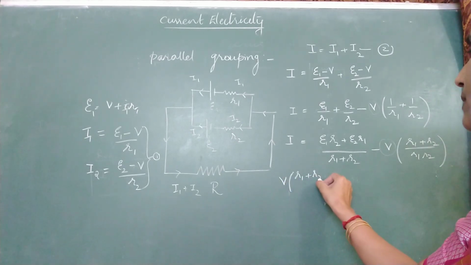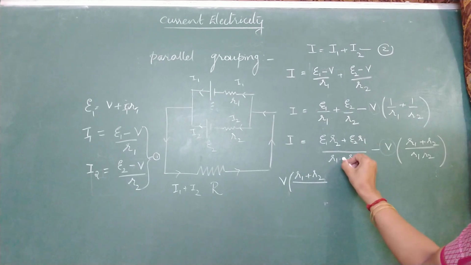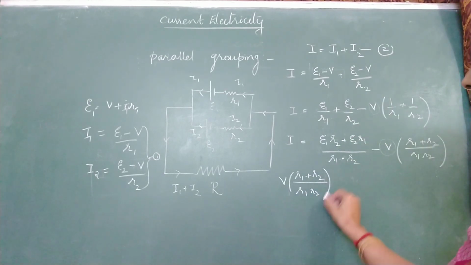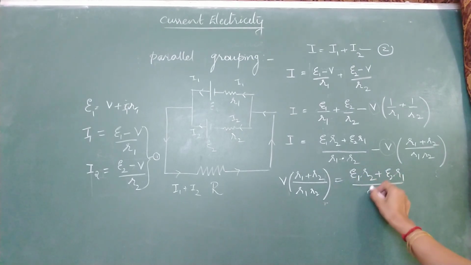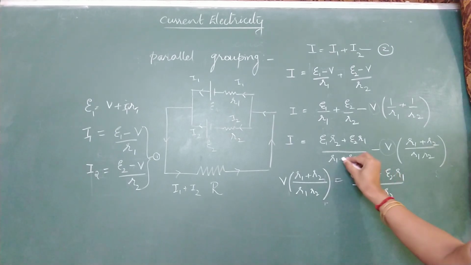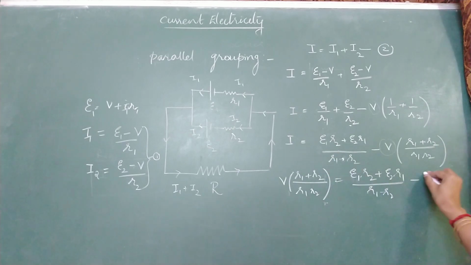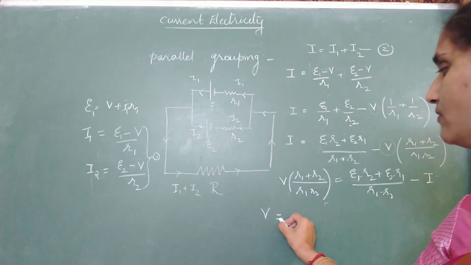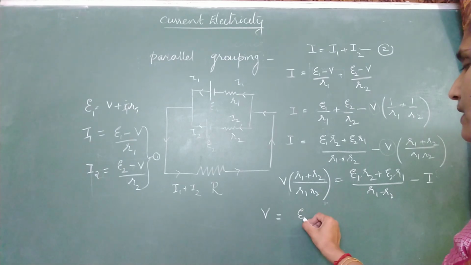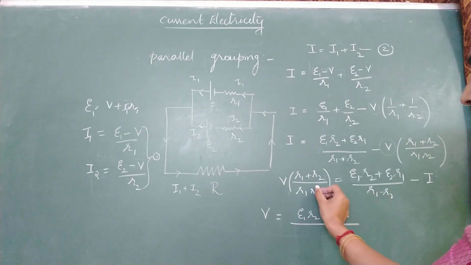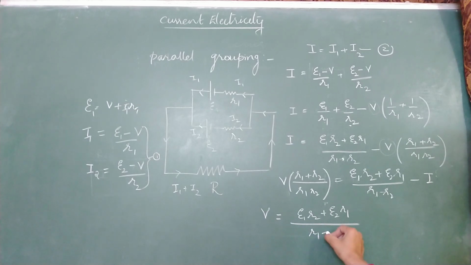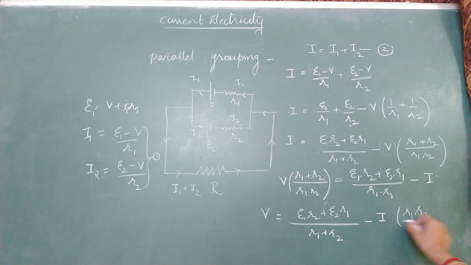V into (R1 plus R2) by R1 R2 is equal to (E1 R2 plus E2 R1) by R1 R2, minus I. Now I will write V as: bring this term to the denominator, (E1 R2 plus E2 R1) divided by (R1 plus R2), minus I into R1 R2 by (R1 plus R2). R1 R2 will anyway get cancelled.